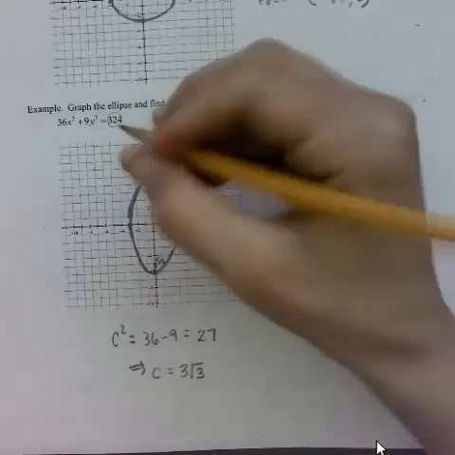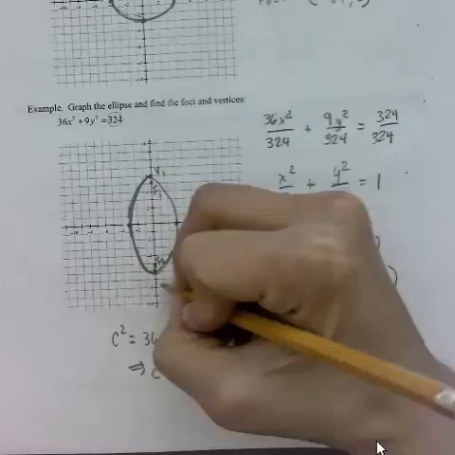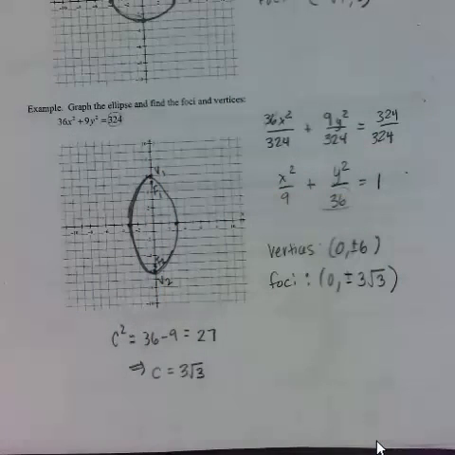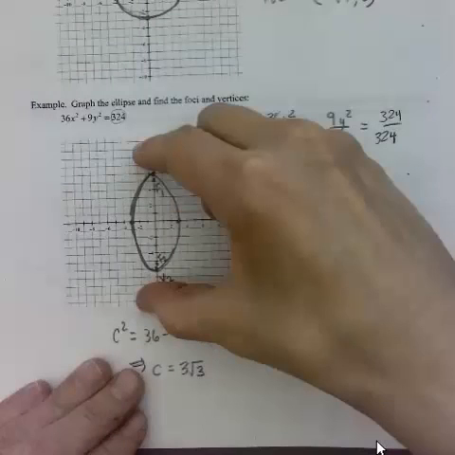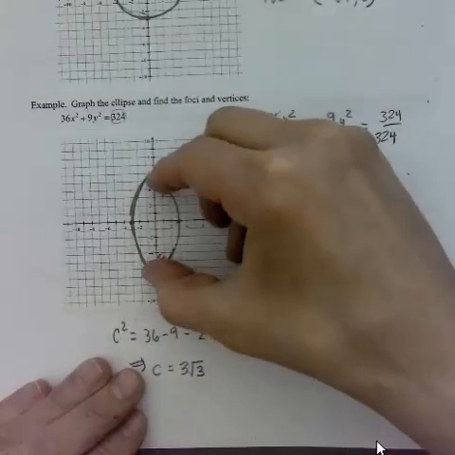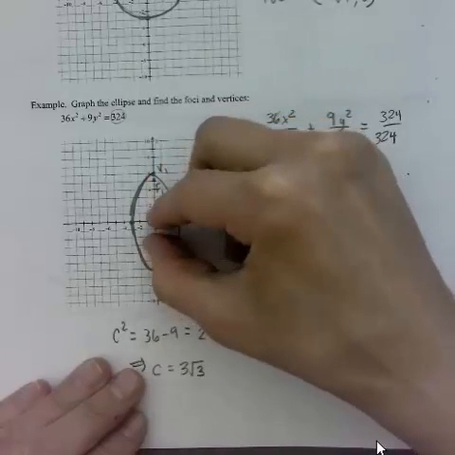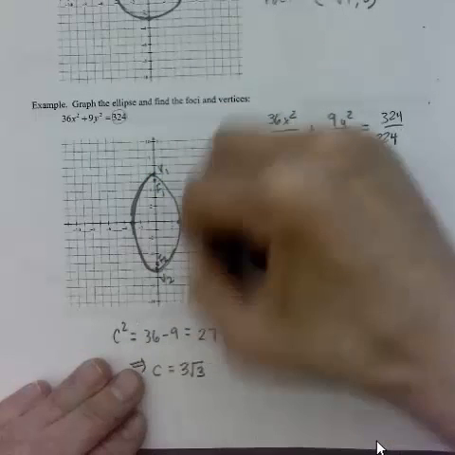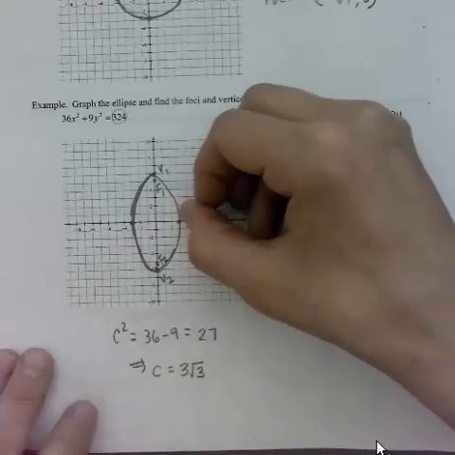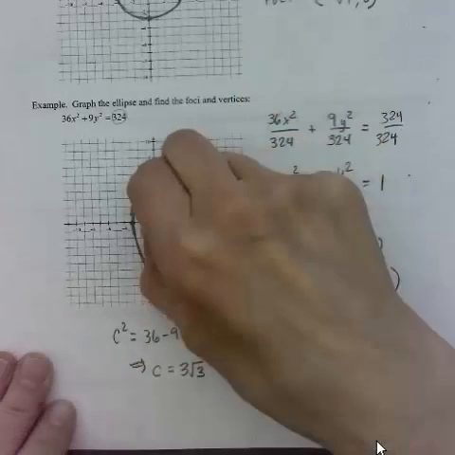And then V1, V2. The more elongated your ellipse is, the farther away the foci are from the center. The closer those are to the center of the ellipse, the more circular it becomes. And in fact, if those 2 points meet in the center, it becomes a circle.